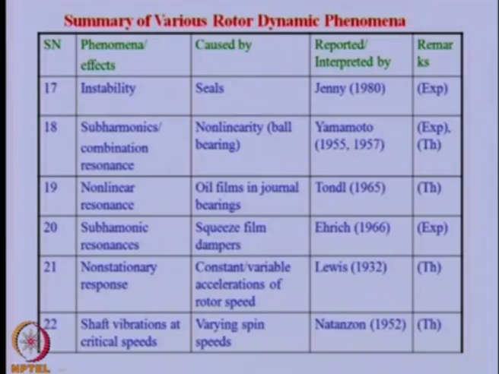Non-stationary response due to constant and variable acceleration of rotor speed was described by Lewis in 1932. Shaft vibration at critical speed due to varying spin speed was described by Natarajan in 1952.